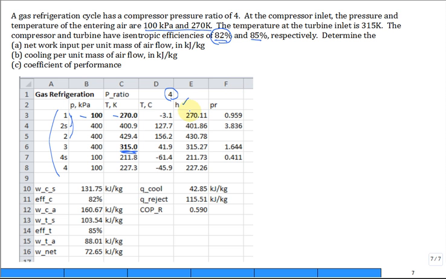That was any call in here, enthalpy as a function of temperature for air. Here's PR as a function of temperature for air, like that. So, does this look good? Look at the coefficient of performance. Not very good, 0.6. All right.